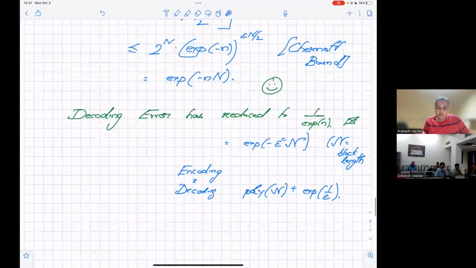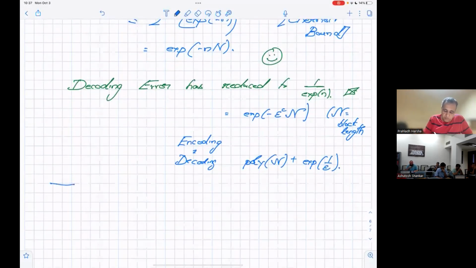What I want to do now is improve vanilla decoding to recover from more errors, that is, t greater than or equal to Dd by 4, but still less than Dd by 2.